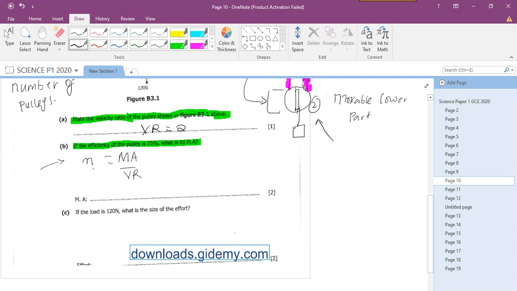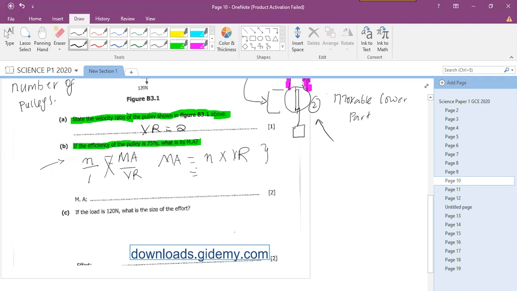So we're going to make this small letter n a fraction over 1. Then we'll be able to cross multiply. Upon cross multiplication, we're going to end up with an equation which states mechanical advantage is the efficiency multiplied by the velocity ratio. So this is the formula that we're going to use after changing the subject.